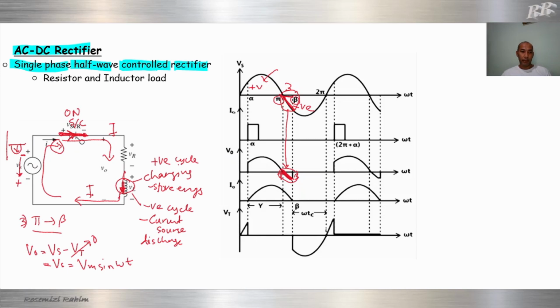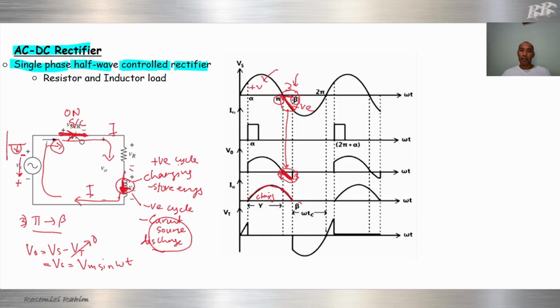Look at the current source, the discharging current will be finished. We know that during positive cycle, the inductor is charging. Then at pi, the input changes to negative cycle. Then the inductor will become a current source and will discharge the energy in terms of current until empty.